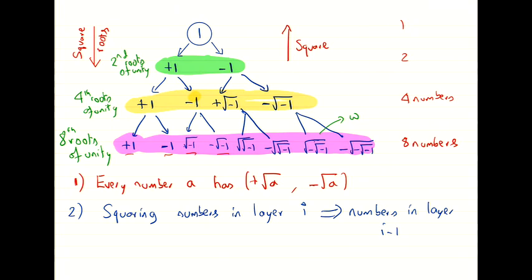So let me define the Fourier transform as we have defined it. I've been using the word Fourier transform, but I have never defined it. In order to do that, I need to give these numbers a name.